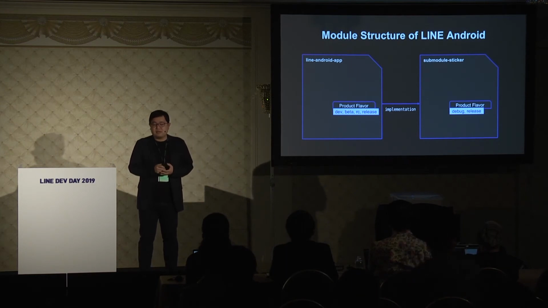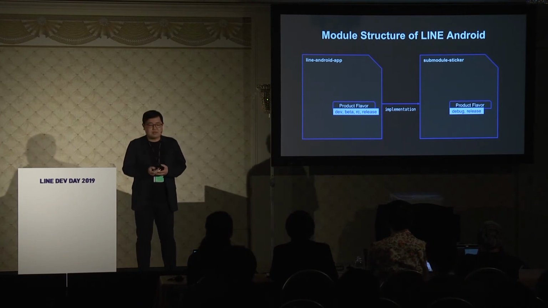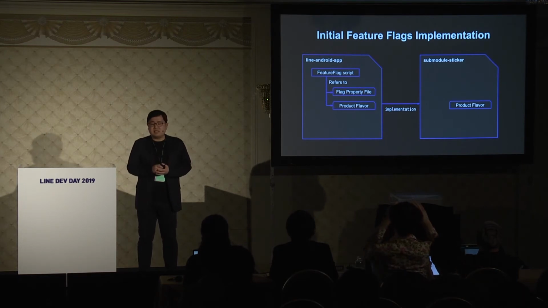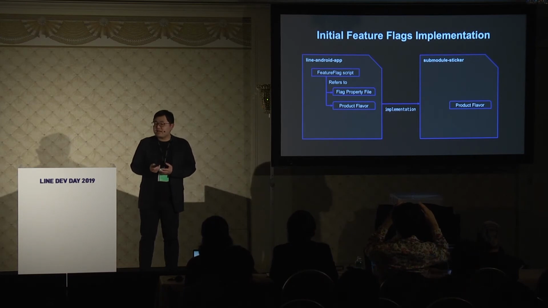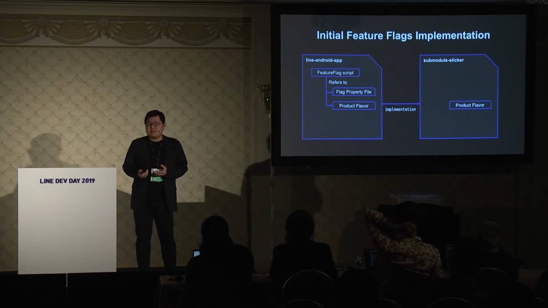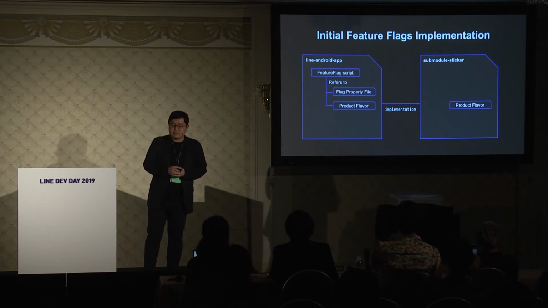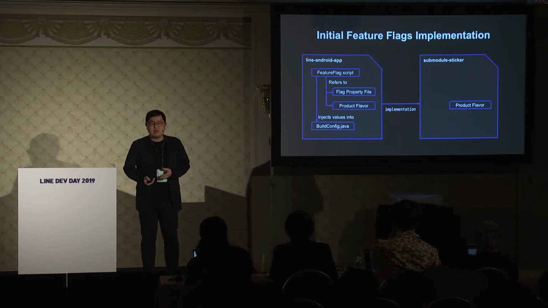So in order to create the feature flag, the script needs to generate the value. So I would like to go through that process. Inside of the app module, there is a script to generate the feature flag, and this script is called from the build script, and also the property file with the feature flag information, and also the product flavor with which setting the build should be made.